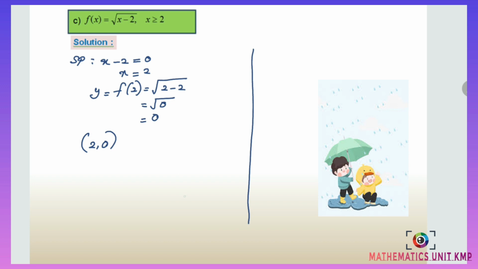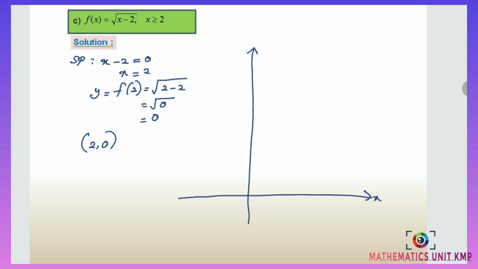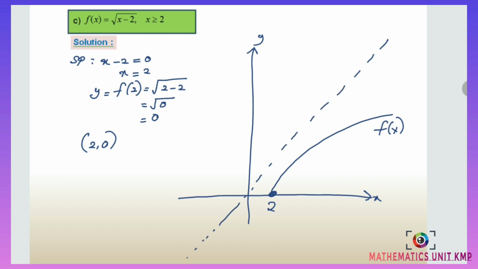We can sketch the graph of the square root function: x-axis, y-axis, and the starting point at (2, 0), with the square root positive, f(x). Next, draw the reflection line or symmetrical line, y equal to x.